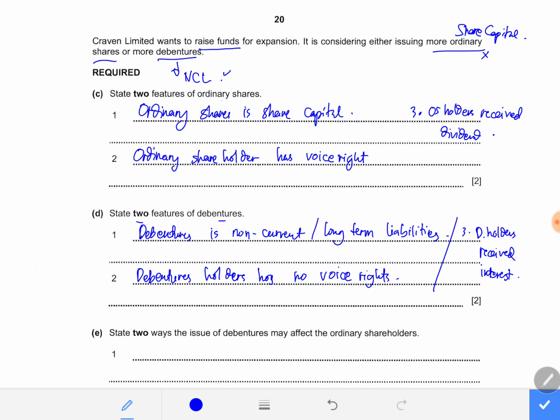Ordinary shares have no due date for repayment from the business to the shareholders. Meanwhile, debentures have a due date when the business has to repay its loan to the debenture holders. That's also a difference between them.